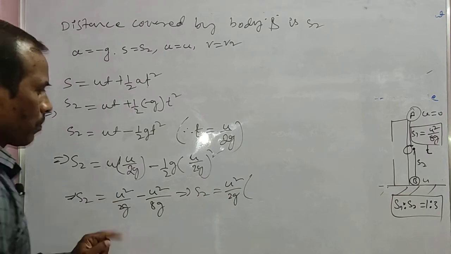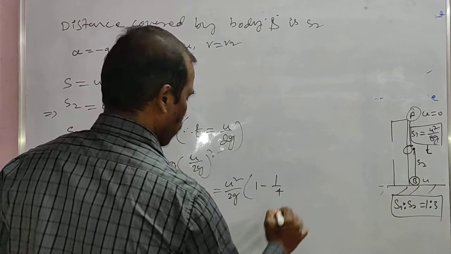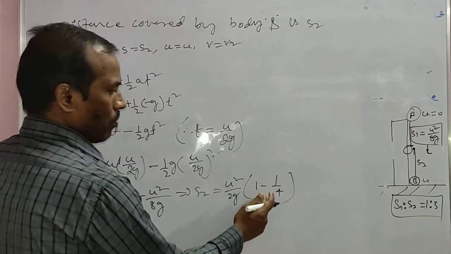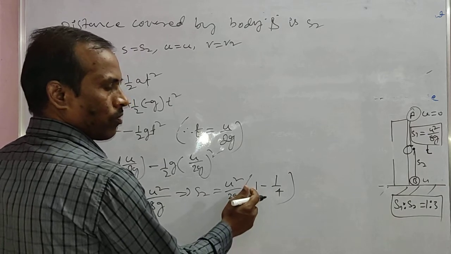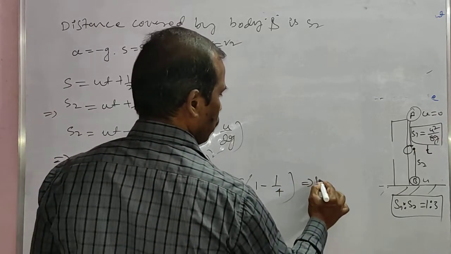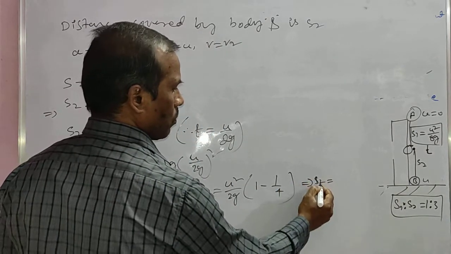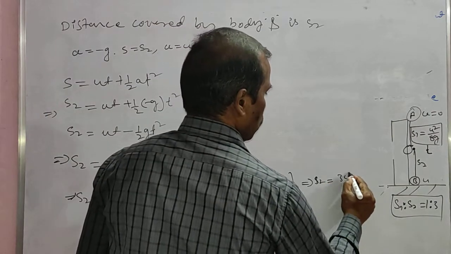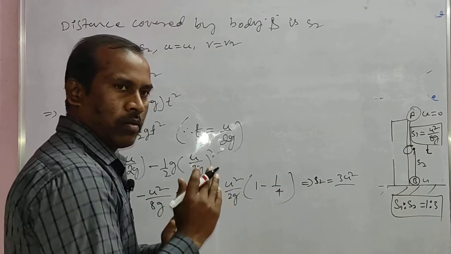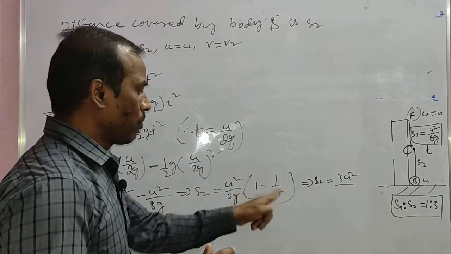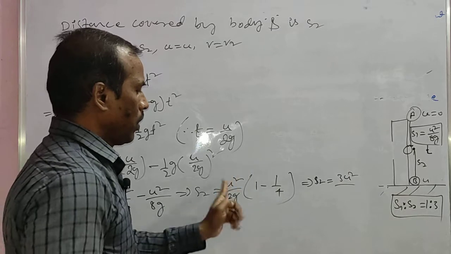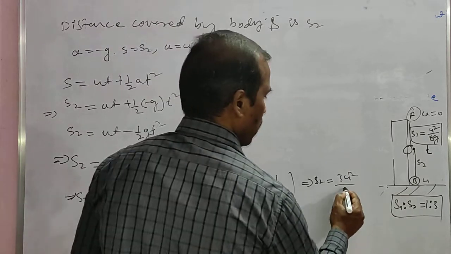Now remaining, 1 minus 1 by 4, since 2 twos are 4. Taking the LCM, 4 minus 1, so 3 by 4. So S2 is equal to 3 by 4 into u square by 2g, which is 3 u square by 8g.